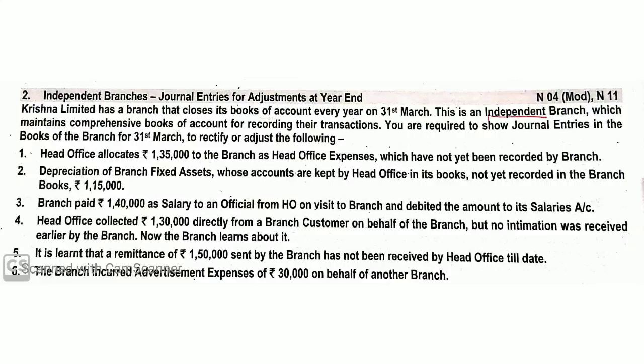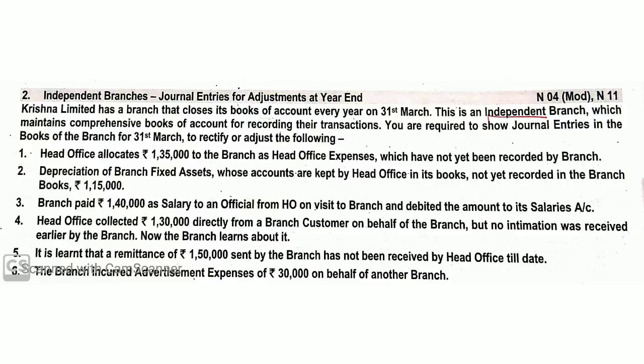But here it is an official from head office, who has to visit the branch periodically, and some amount has been paid by the branch. But in the books of branch, they have debited salary account. Only if the salary is paid to employees of the branch will it be treated as salary account. So it is wrongly entered into the salary account, and we have to rectify this entry.